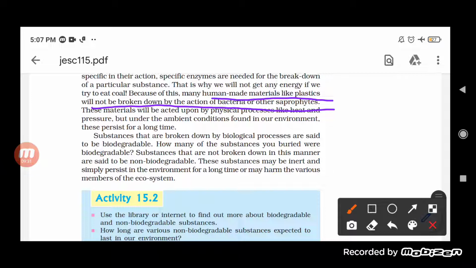This contributes to a bad condition and degrades the quality of the environment if it remains present for a longer period of time. Such substances we have categorized into biodegradable and non-biodegradable. As you can see here, the definition is written: substances that are broken down by biological processes are said to be biodegradable.